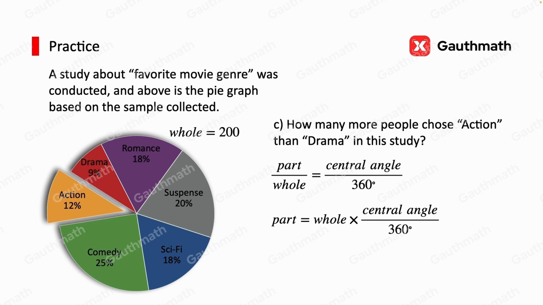In our case, we have 12% for action, and there are 200 people in total. So the number of people who chose action is 200 times 12%, and that's 24.